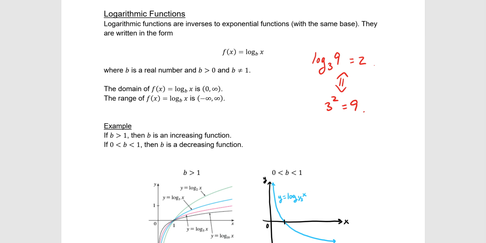The domain of log base b of x is 0 to infinity, and the range is negative infinity to infinity. It is the complete opposite of the exponential function. Domain and range are flip-flopped for inverse functions. That's why it's completely interchanged.